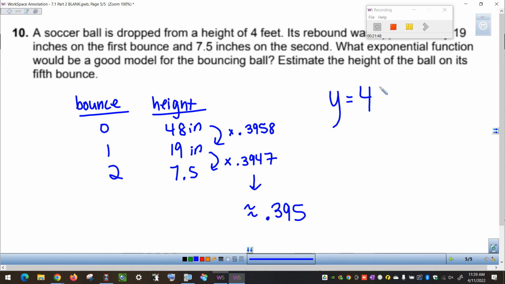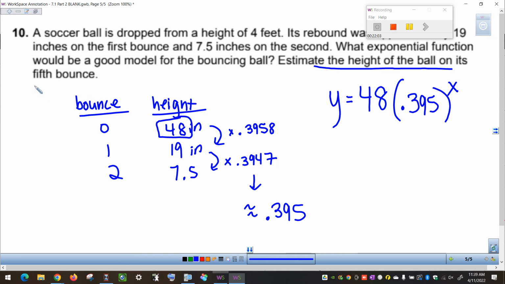Looks like that's what our multiplier would be. So we can do that with a division to help us figure out an estimate of what it's continually multiplying by. Our starting amount here is 48. If we want to estimate the height on its fifth bounce, we're just going to plug in 5 in place of x and put that into our formula.